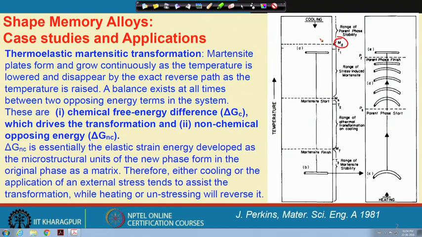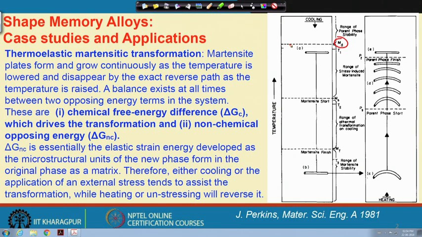It means that the initiation of martensite in an austenite phase, initiation meaning nucleation and growth, by the application of stress occurs at a higher temperature level. And this is the range of stress induced martensitic transformation.